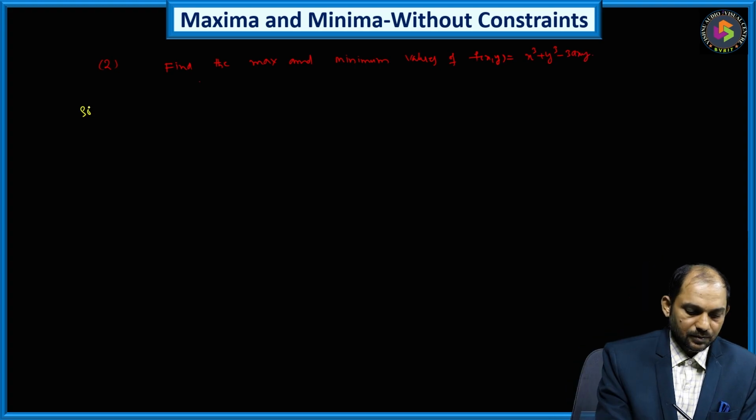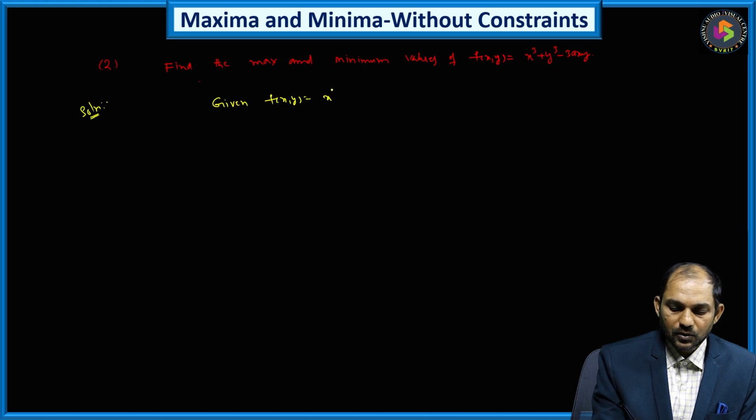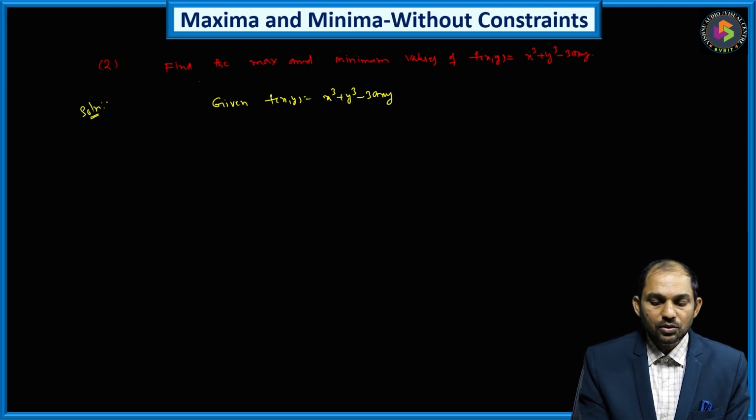Right? So whatever the given function, you can take as f of x comma y as x cube plus y cube minus 3axy.